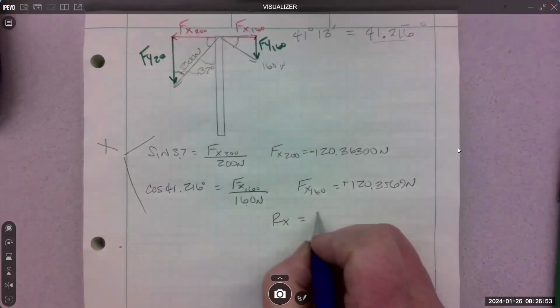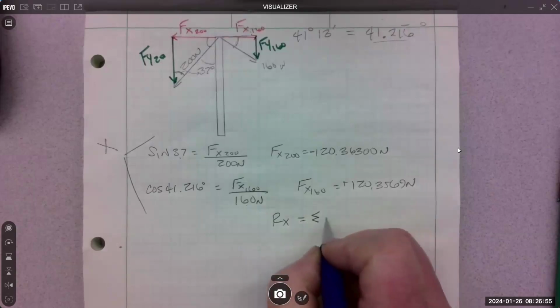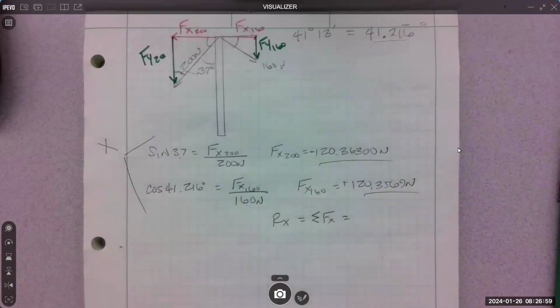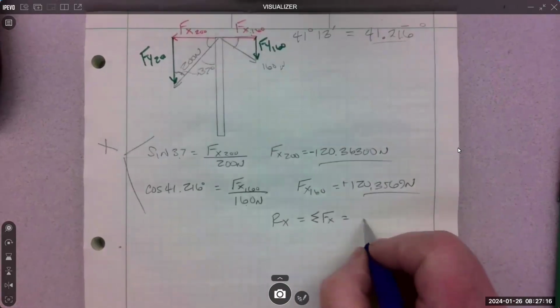So my Rx is equal to the summation of all of the x's, which is this and this. There's only two of them, and it's dang near zero, isn't it? It's close. When I do it, it's 0.00605.